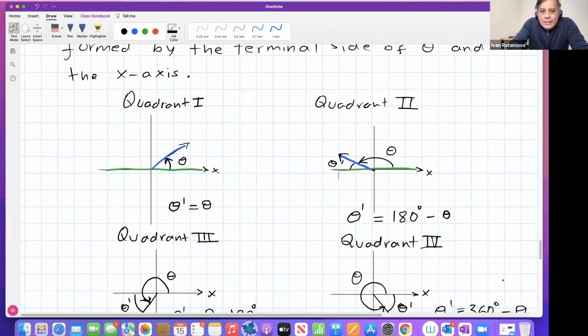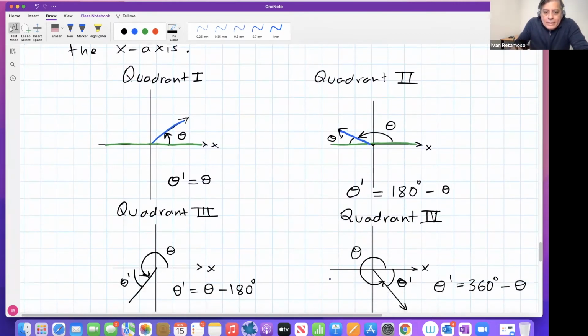Next, what if they give you an angle in the third quadrant? Well, again, if your angle is in the third quadrant, this would be the terminal side, right? Follow the definition. The definition says the reference angle is the acute angle formed by the x-axis and the terminal side.